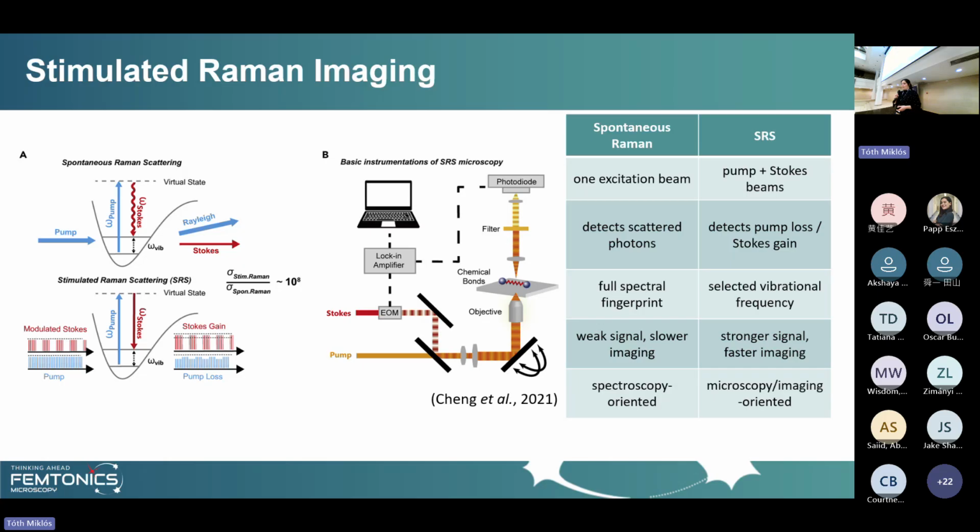When the energy difference between the two beams matches the vibration of the molecule, energy is transferred between the beams. So instead of detecting weak scattered photons, we only need to detect a small pump loss or Stokes gain.